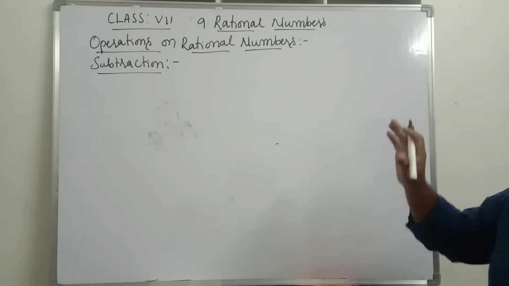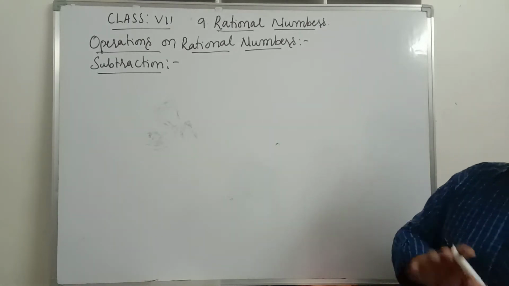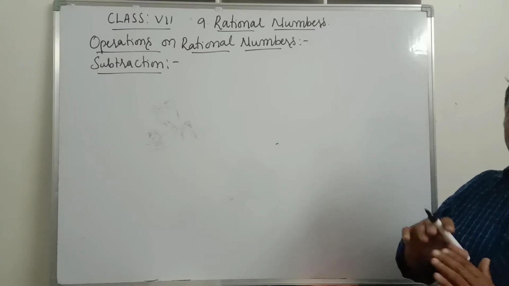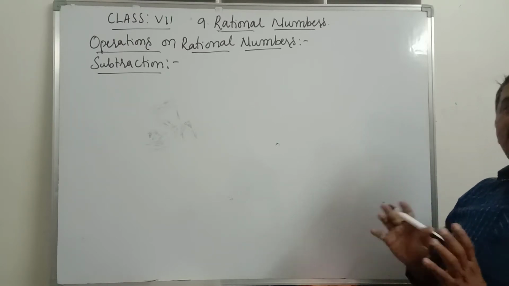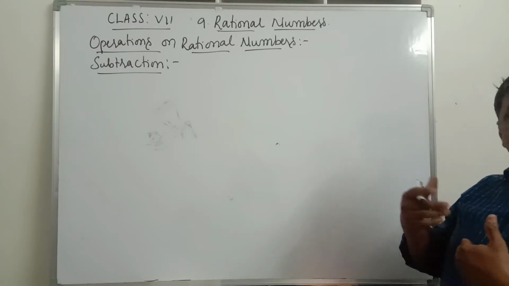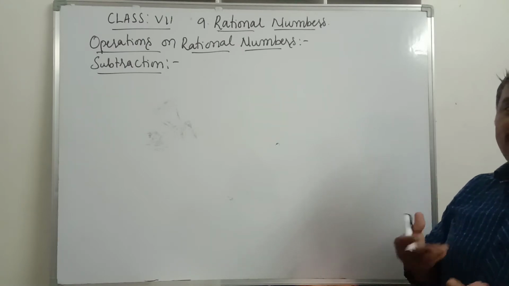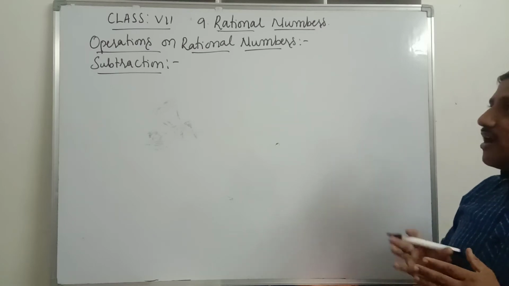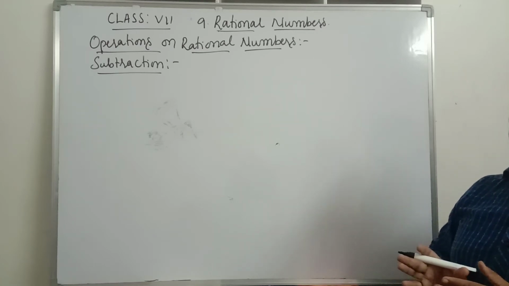So subtraction of rational numbers is nothing but subtraction of fractions and integers. So we use the knowledge of subtraction of integers and subtraction of fractions. What is the concept in subtracting integers?